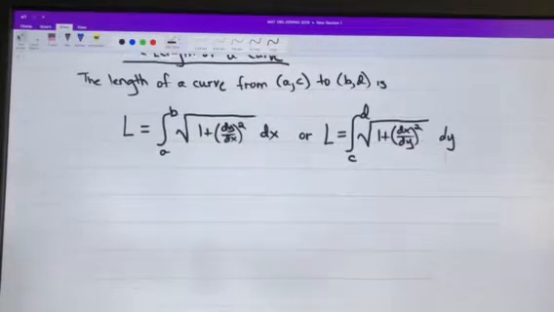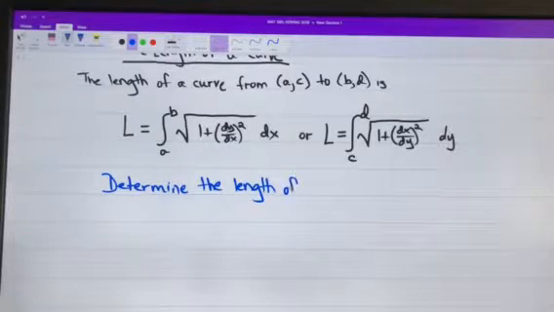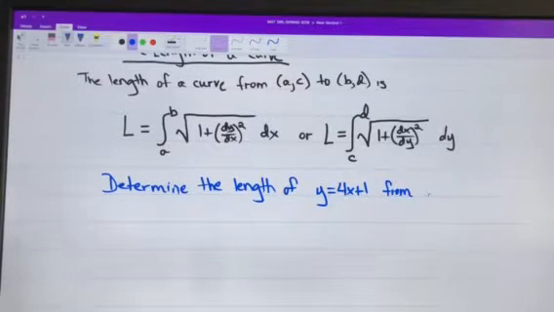And just to start us out, let's say that we determine the length of y is equal to 4x plus 1, from 0, 1 to 4, 17.